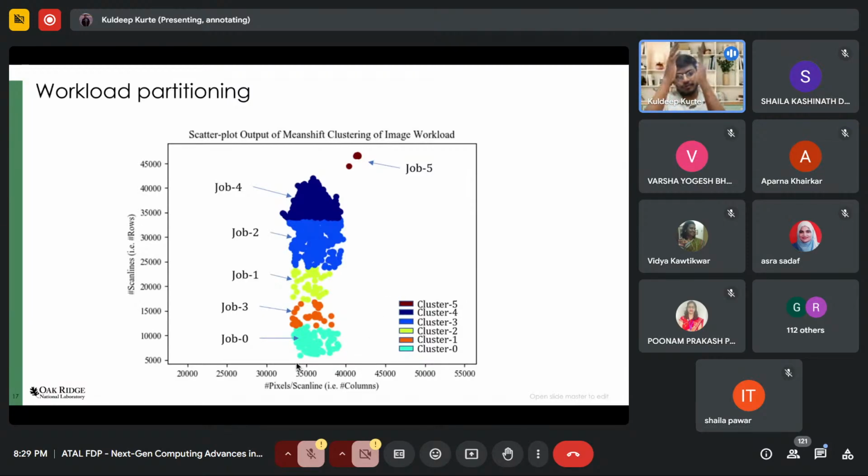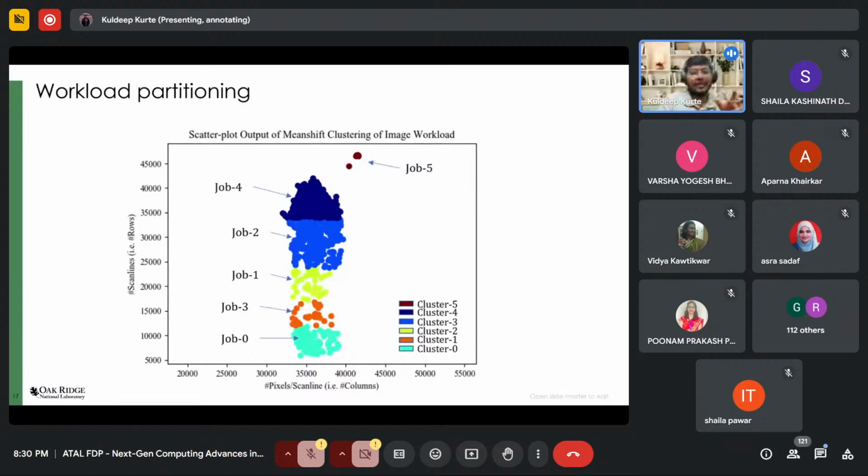Most of the images have a number of columns which fall within the same range, but the number of rows are from 5,000. That's the way we received it, and because of that, it created the imbalanced nature.